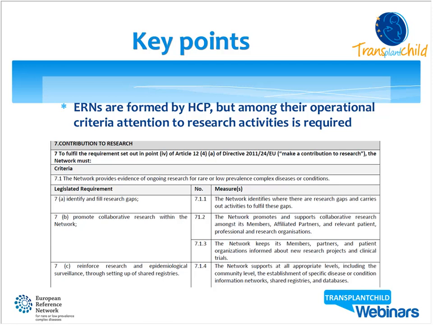If you remember, one of the first activities that we did last year was to circulate a survey among all the members of the working group in order to identify the interests and priorities in different areas of research and the level of development or implementation of those areas among the reference centers.